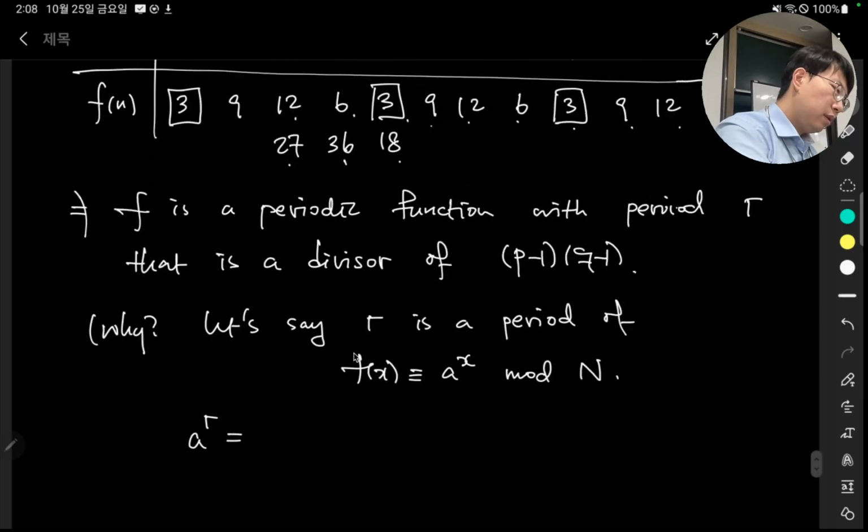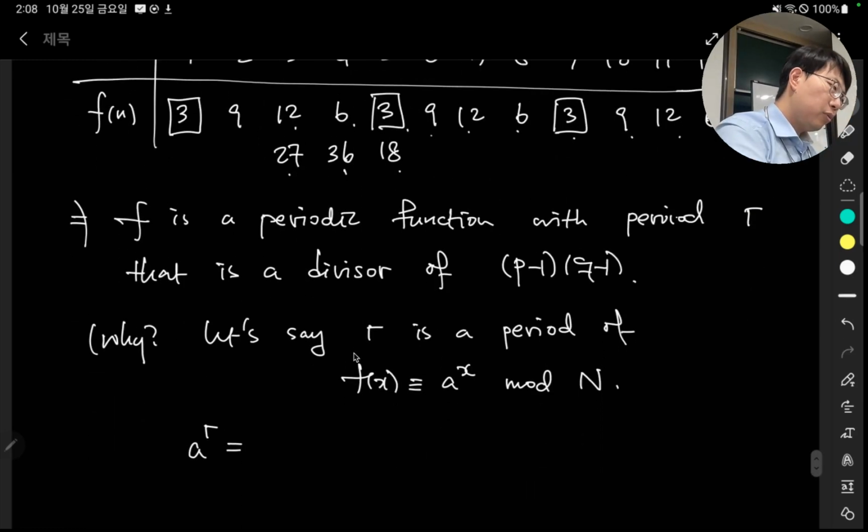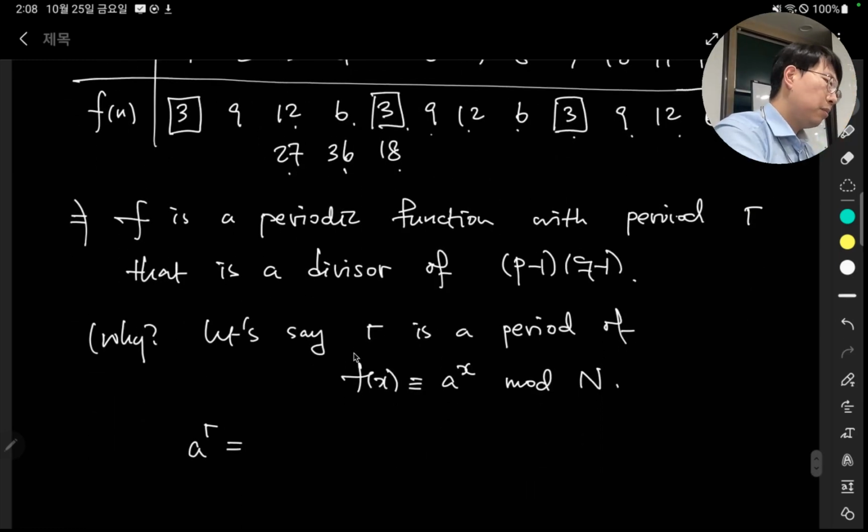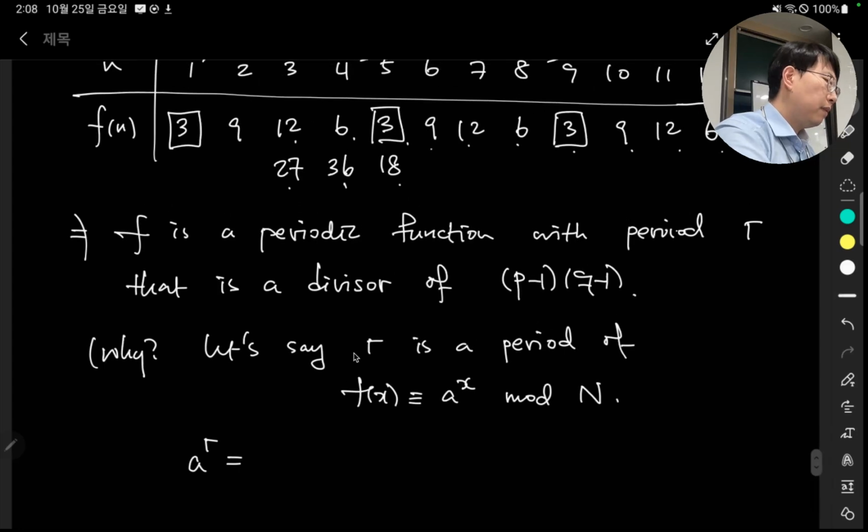Okay. So let's see what things I'm confused with. I was thinking that I should get 1 in the list of my function, but it didn't appear. The 1 doesn't appear.